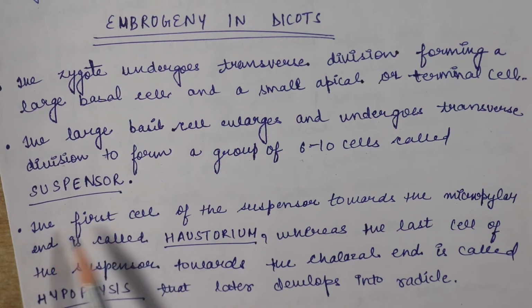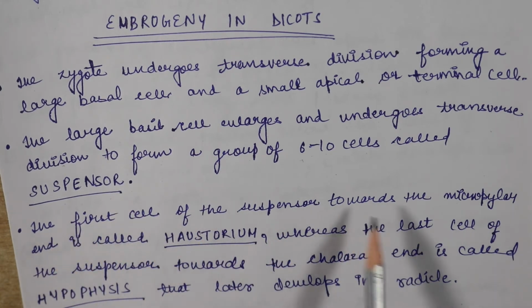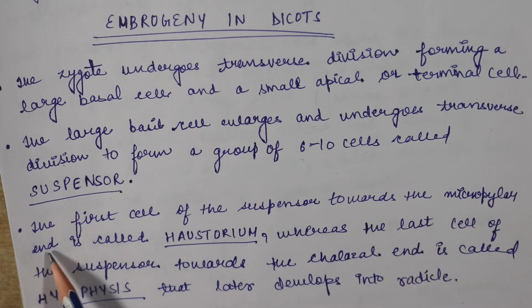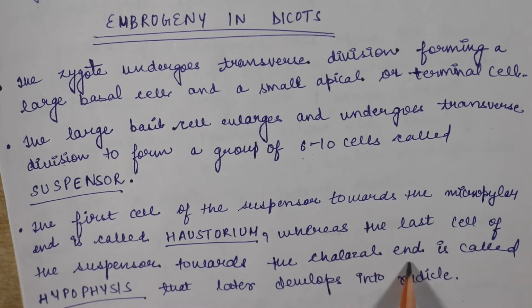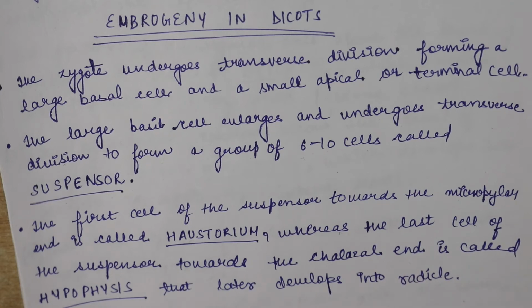Next point is the first cell of the suspensor towards the micropylar end is called haustorium, whereas the last cell of the suspensor towards the chalazal end is called hypophysis, which later develops into radicle.